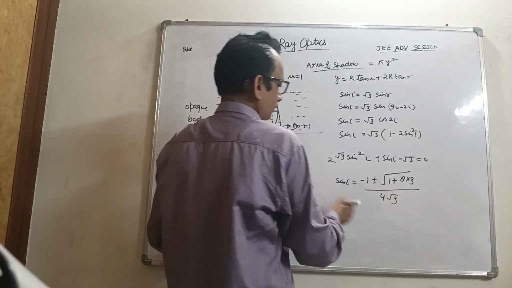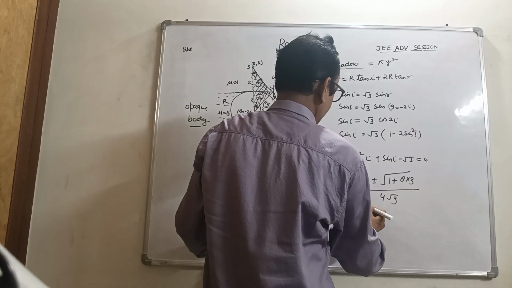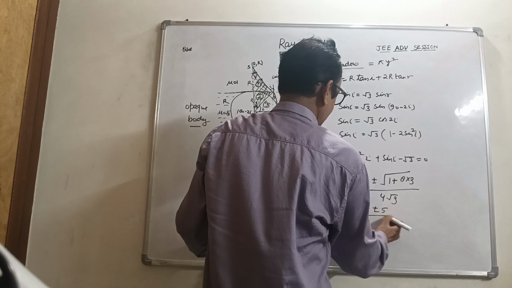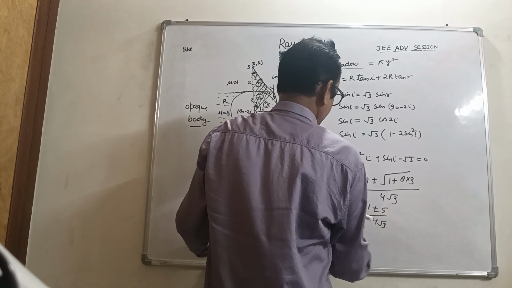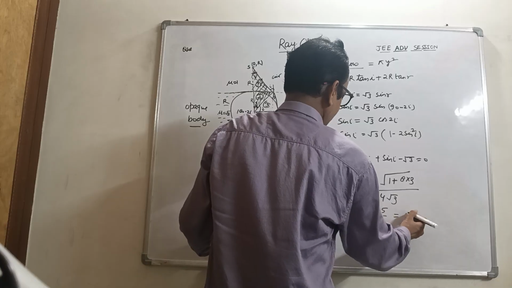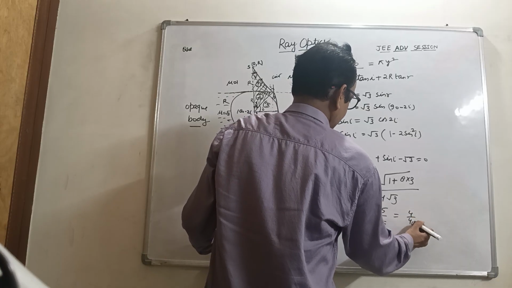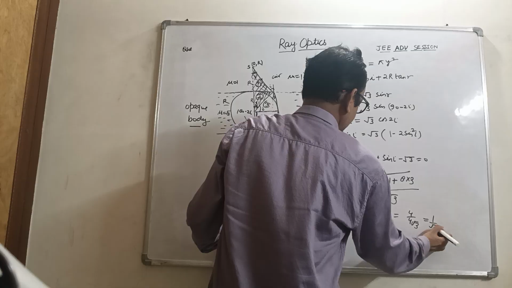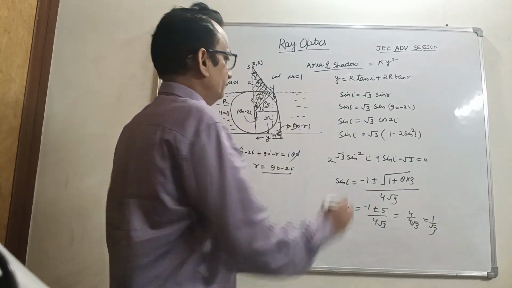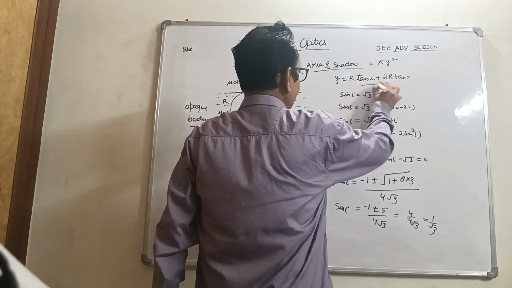Taking the positive sign, this becomes 4 upon 4 root 3, so this becomes 1 by root 3. This becomes sin i. So we have to find tan i.